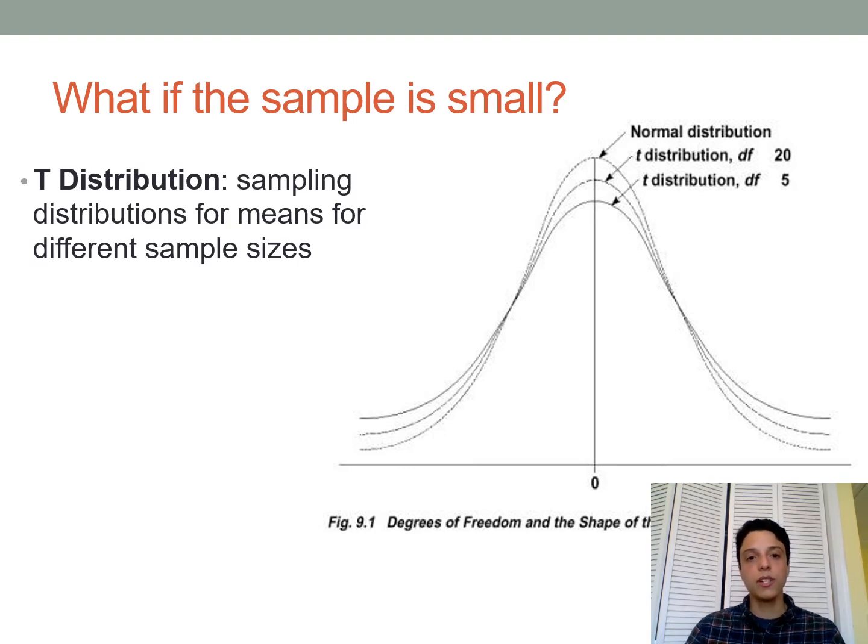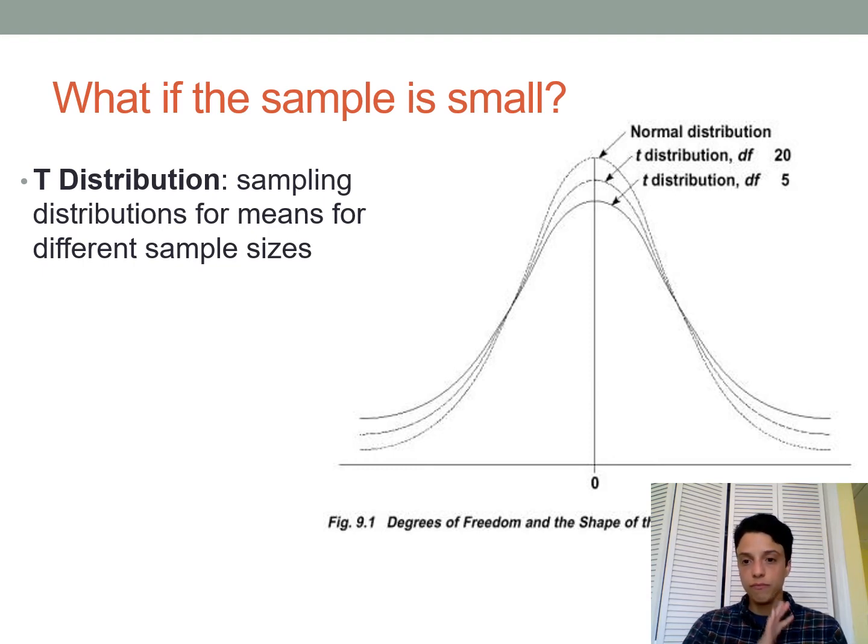And t-distributions are really, really similar to normal distributions. The main difference is that as you get into small sample sizes, they have different shapes. And this has to do with the fact that when you're estimating a standard error of a sampling distribution, so when you're plugging in your sample standard deviation instead of your population standard deviation, you have a bit more uncertainty about what the real values are when you have smaller samples.